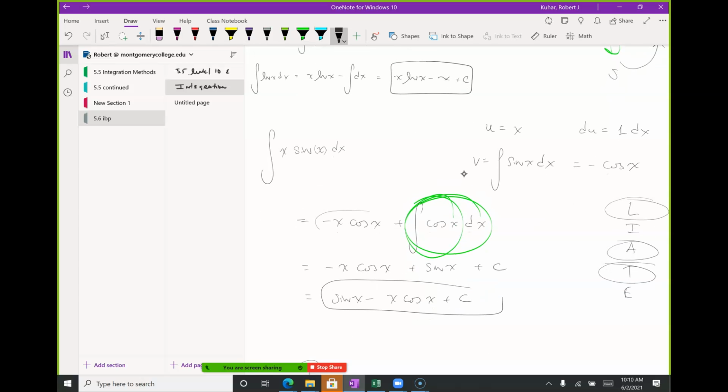So that's my uv, minus the integral of v du. So u was x, and v was negative cosine. I just plugged those in. Oh, I see. You'll get used to it.